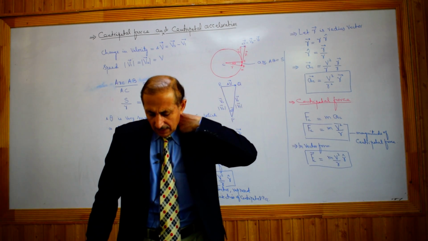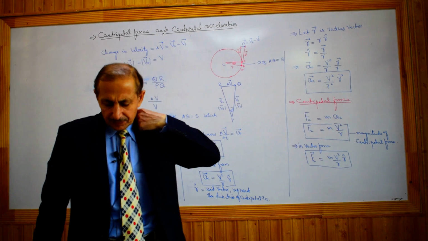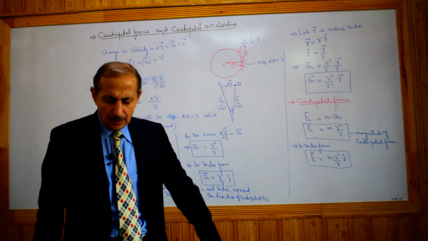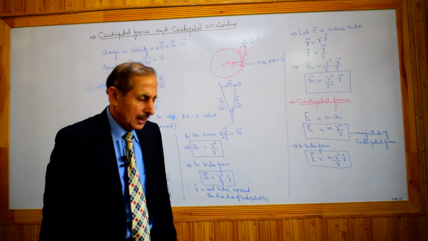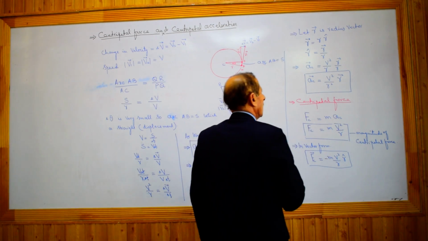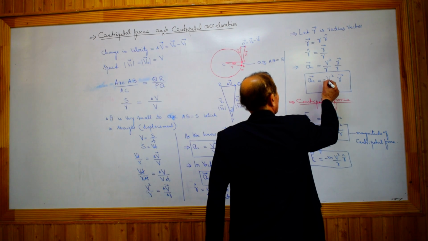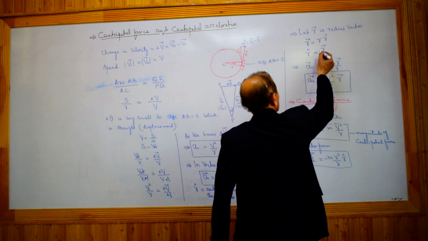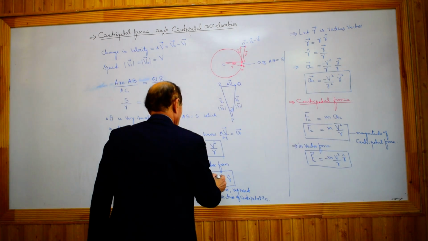Here we will put the negative sign. The negative sign shows that it is towards the center of the circle.